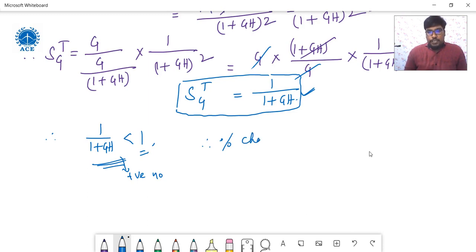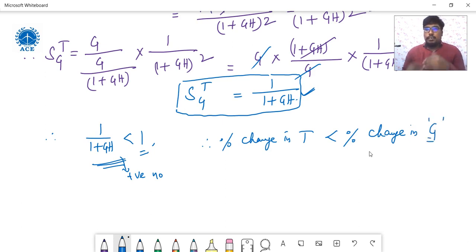That means the percentage change in the overall gain is less than the percentage change in G. G is nothing but the forward path, right? So see here, if I change the forward path gain, it does not have that much effect on the overall gain.